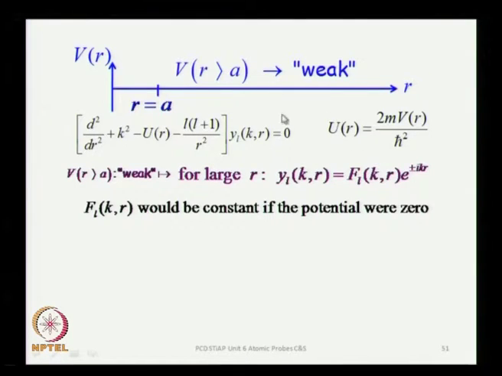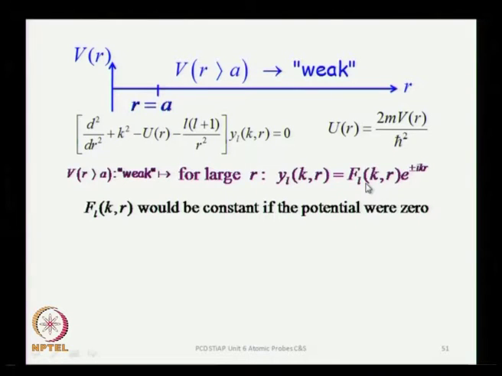So now we know that when we are dealing with a weak potential, a potential which is weak in the asymptotic region as r tends to infinity, the solution would be given by this exponential function multiplied by a factor which is not a constant, it does depend on r.